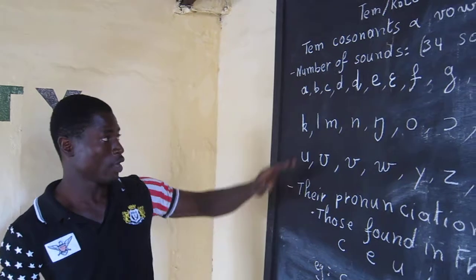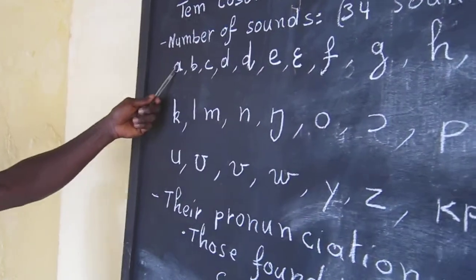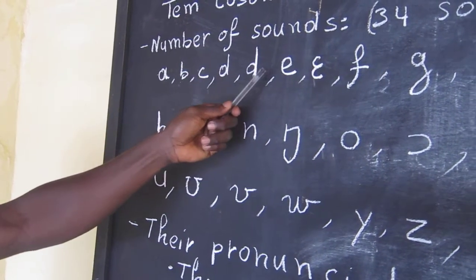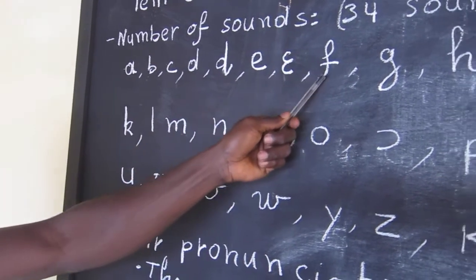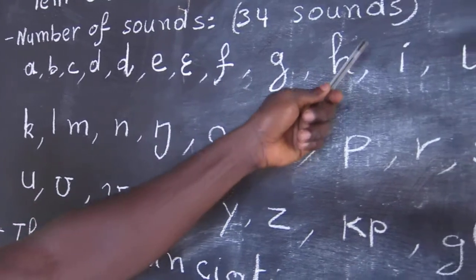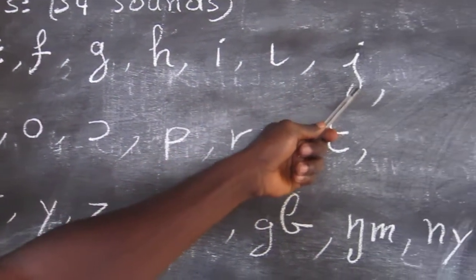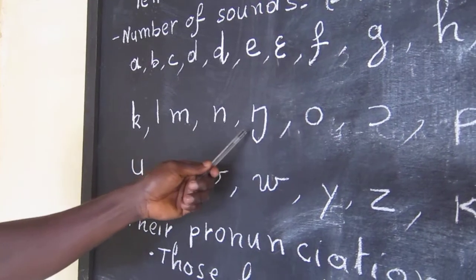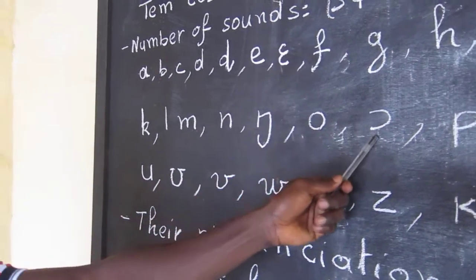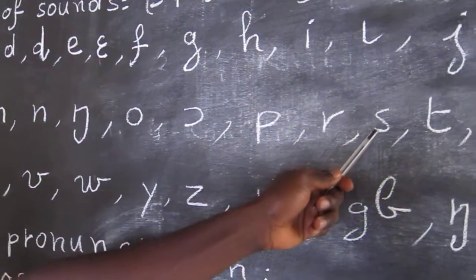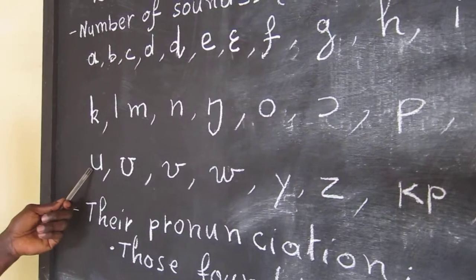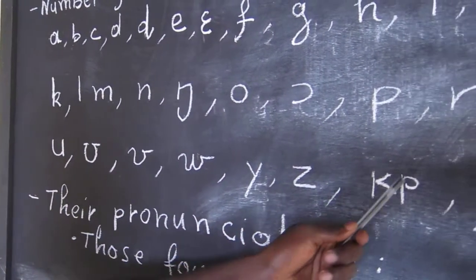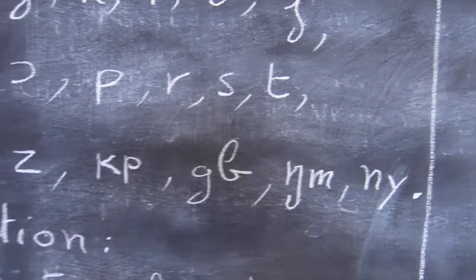We have A, B, D, E, F, G, H, I, J, K, L, M, N, O, P, R, S, T, U, W, Y, Z, and so on.